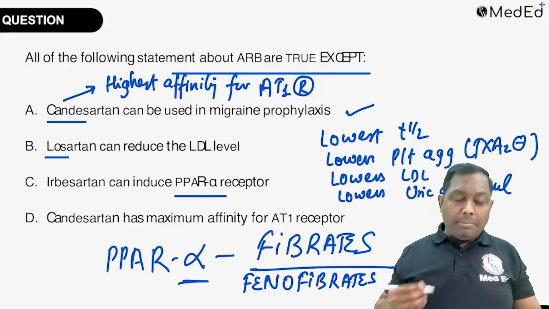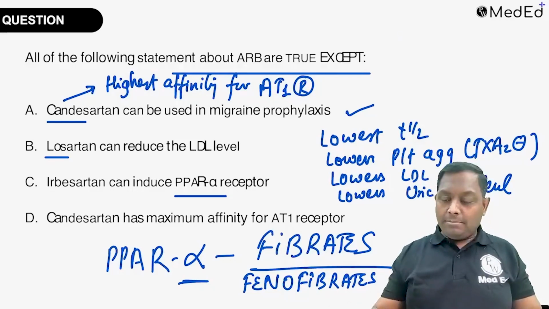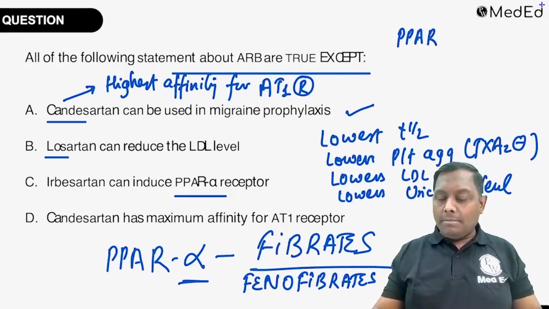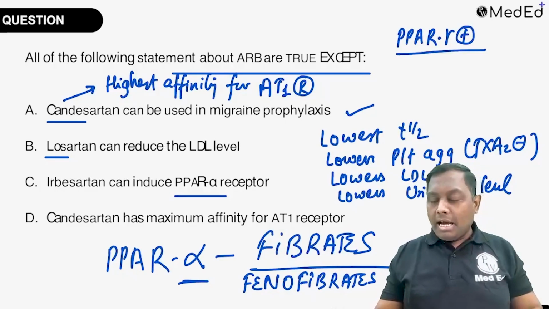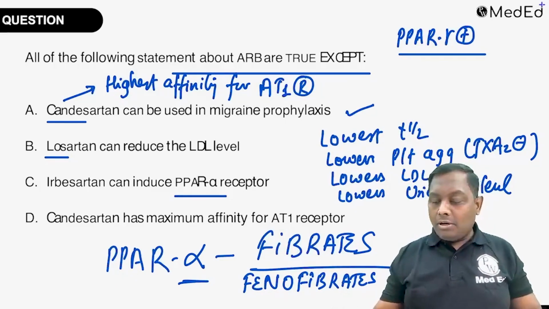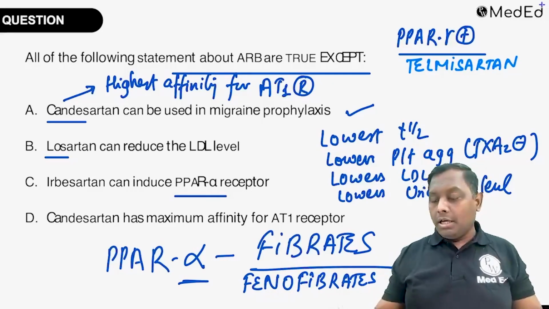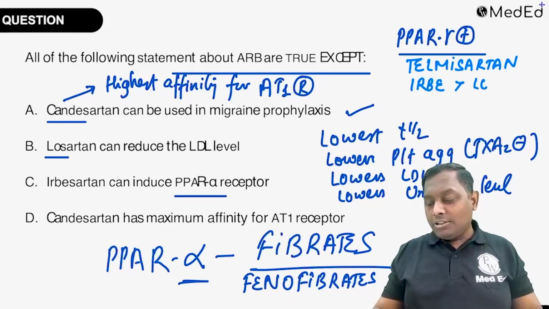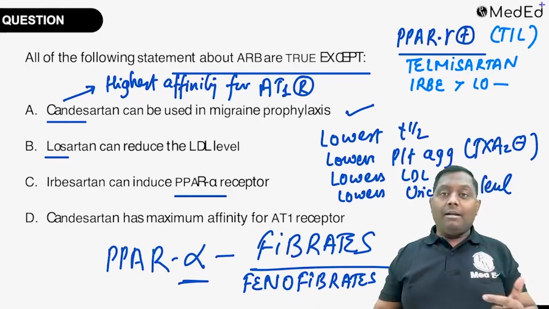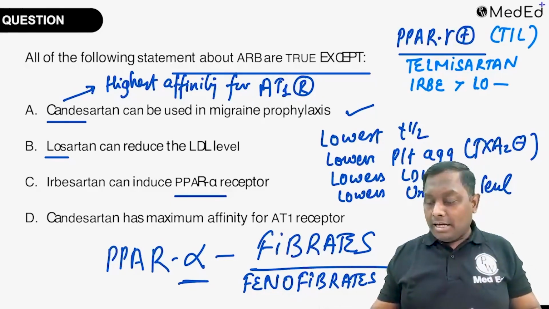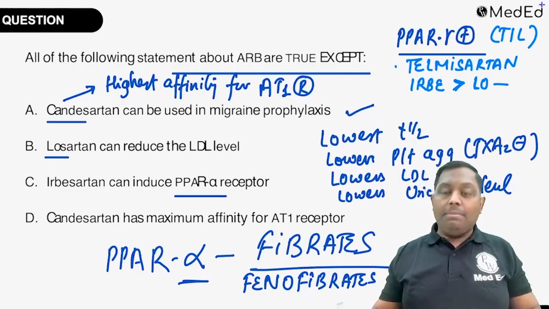So the PPAR gamma that we have, some sartans are having PPAR gamma agonistic property, and earlier we had the information only about telmisartan, and question on telmisartan has already been asked twice. But recent papers are saying that in addition to telmisartan, irbesartan and losartan, it goes in the same order, TIL, telmi, irbe, losartan, they are also having PPAR gamma.